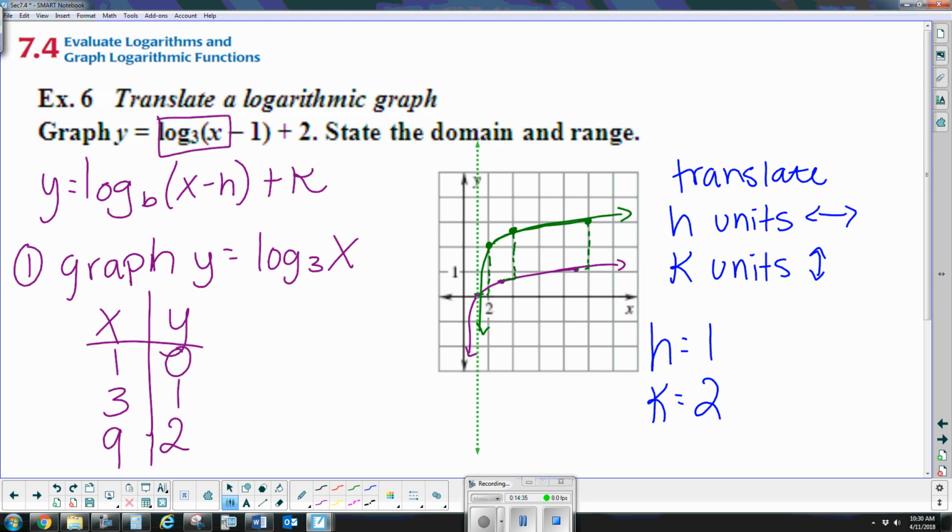Now let's define the domain and range here. Again, because it's an inverse of an exponential function, our domain is now restricted by our asymptote, and our range is all real numbers. So looking at our graph, that green graph, that only covers values where x is greater than 1 because our asymptote is that x equals 1 line.